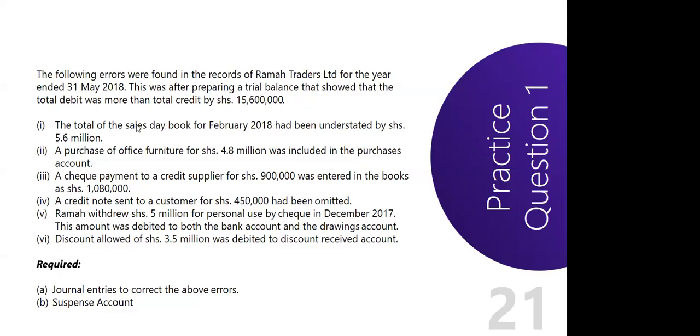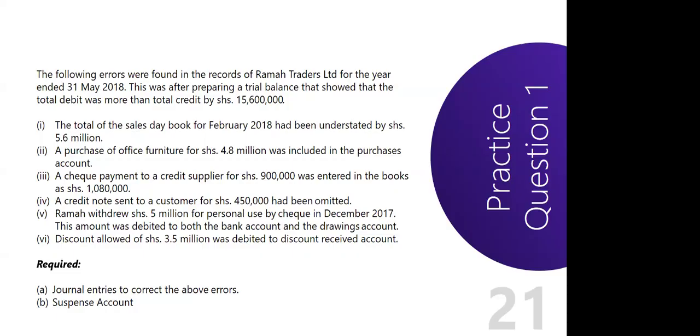So we've been told this sales day book, which means our credit sales were understated by 5.6 million. From your understanding of the errors that we went through in the previous session, do you think this error affected the trial balance?